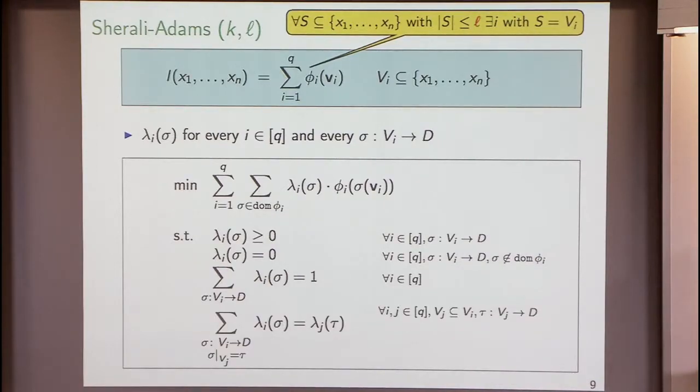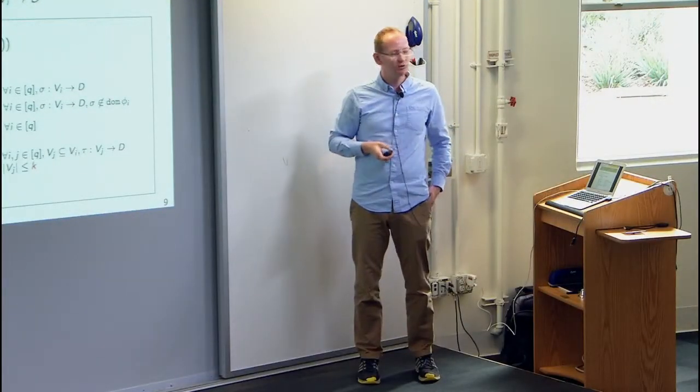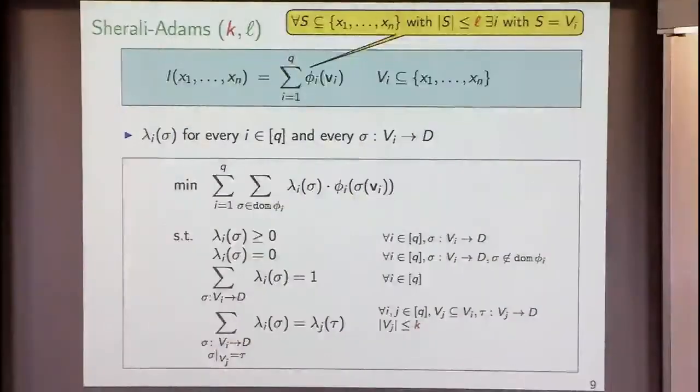Now the marginalization constraint, previously it was looking at, say, the ith term of the objective function onto one variable. Now it's slightly more complicated, but not much. We marginalize onto variables of size at most k. So the intuition is that we have these parameters k and l. If you have a constraint on L variables and you look at the subset of variables in the scope of size at most K, and you marginalize out onto these variables, it's the same value as you would get for the corresponding LP relaxation variable on those K variables.